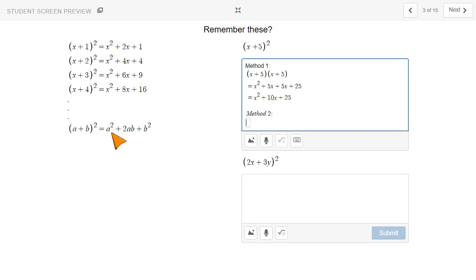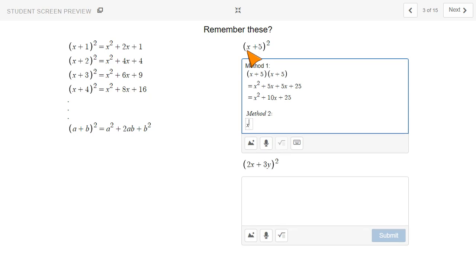So the first term is created by a squared. In this case, a is our x, so I have x squared. The second term is created by 2 times a times b. So 2 times x times 5, that gives me 10x. And the last term is created by b squared, 25. We have the same answer, we've just done it two different ways.